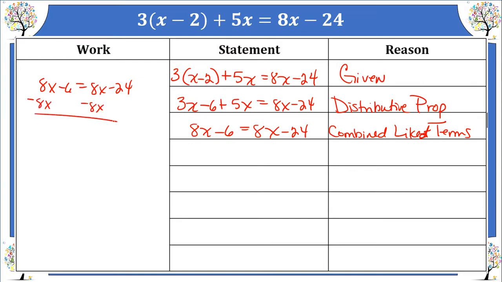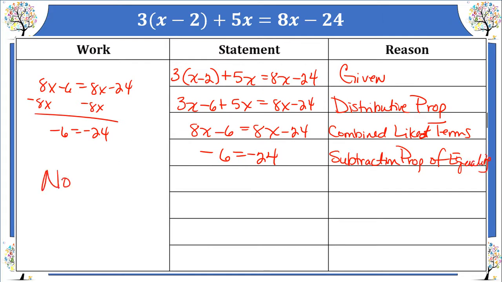So when we subtract them out, we get a statement with no variables and a false statement. So this was the subtraction property of equality, because I subtracted. And we're left with a false statement, so we're going to say there are no solutions.